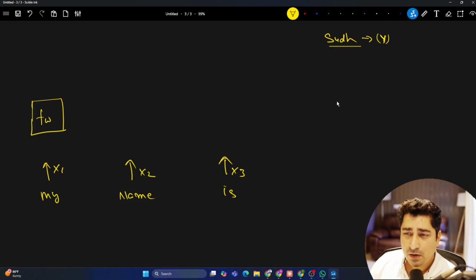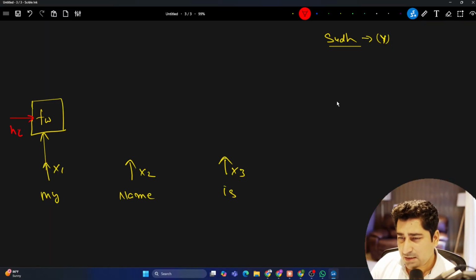This neural network is having some sort of specialization. It always takes a data input, for example X1, that's completely fine. But it is also going to take an input from the previous state, which we represent as H, the previous hidden state or something like that.